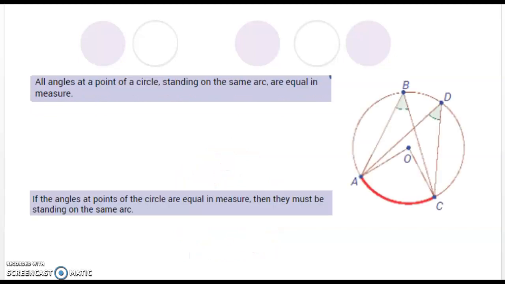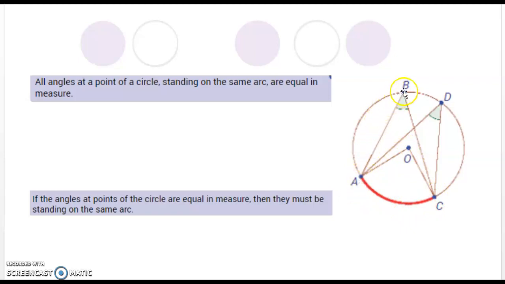That can be quite handy when solving some problems, because sometimes you get a situation like this. We have our center here, our arc here, so this is the arc that the lines are on.